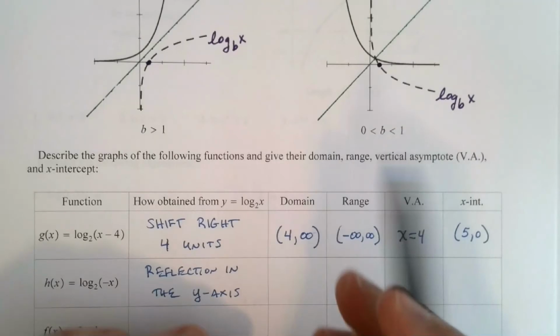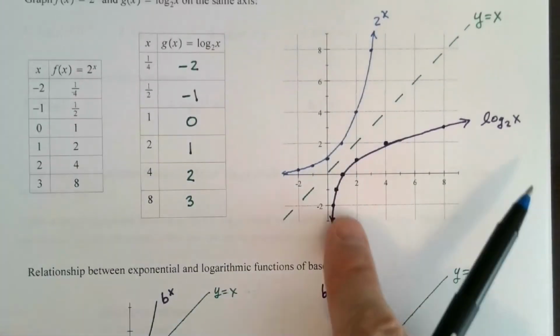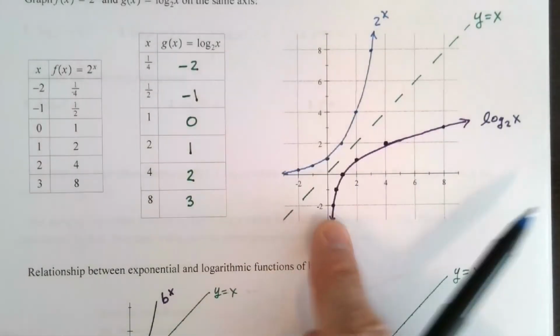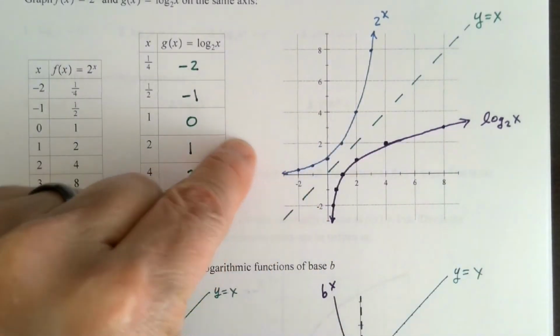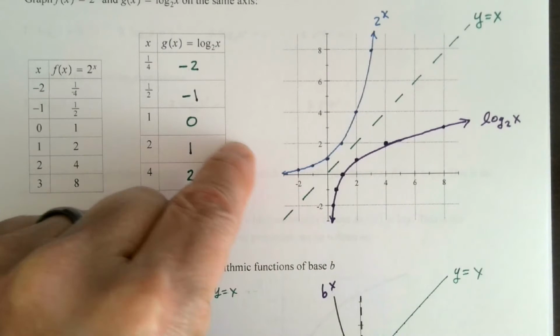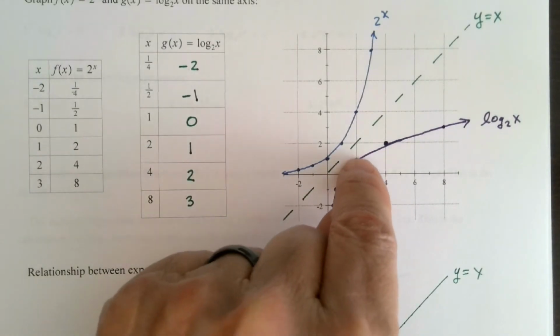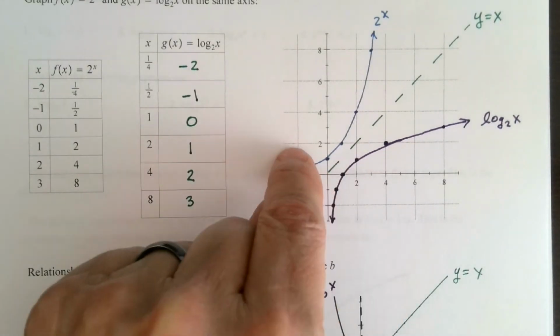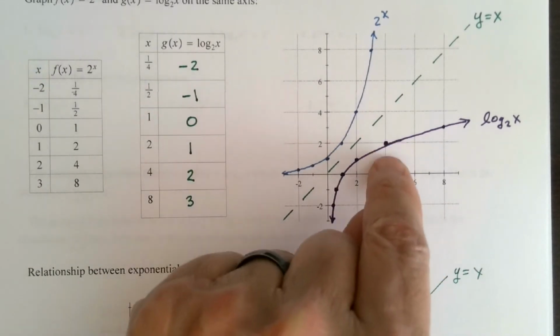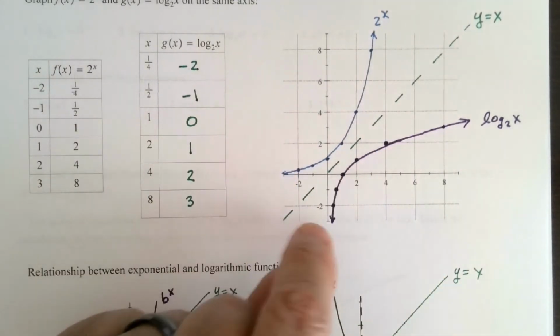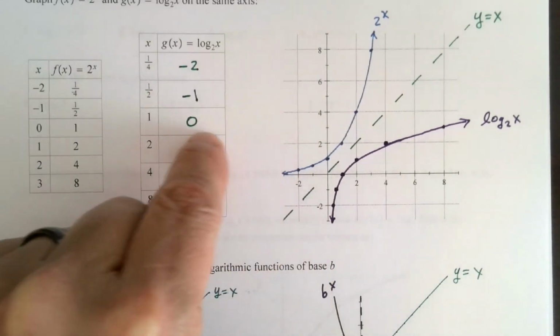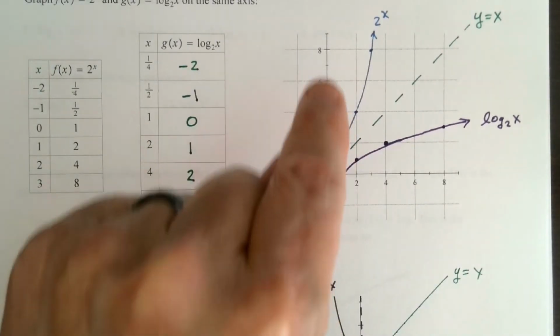So going back to our graph of log base 2 of x, if I reflected about the y-axis, it's now here. So the point (2, 1) becomes (-2, 1). The point (4, 2) becomes (-4, 2), and the graph will look like that, reflecting in the y-axis.